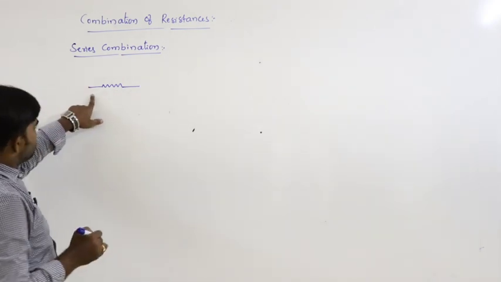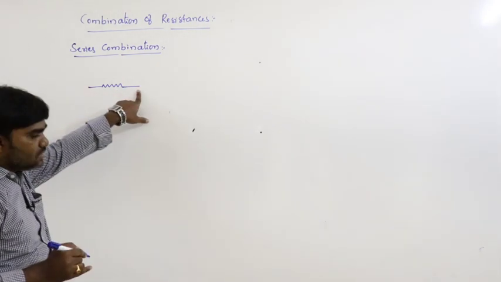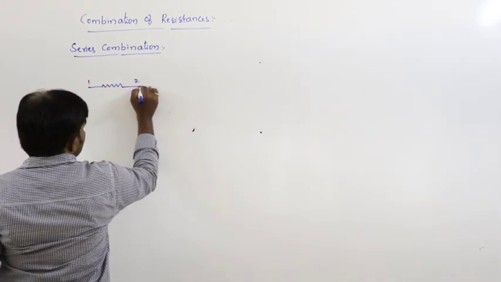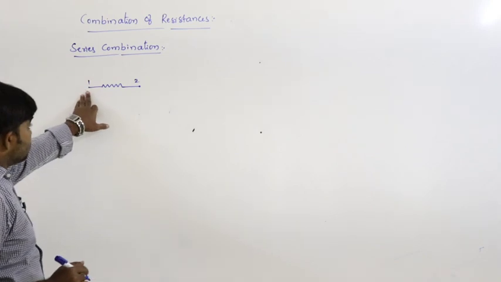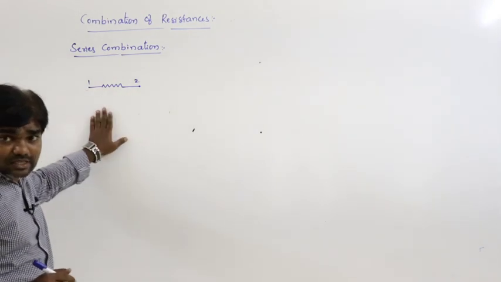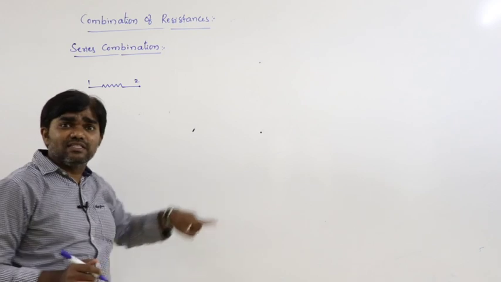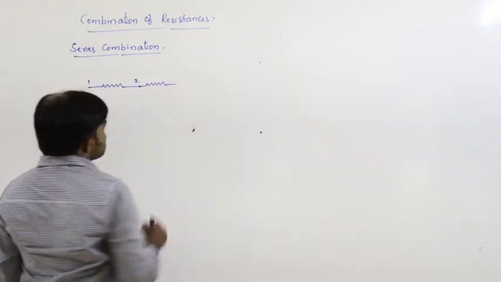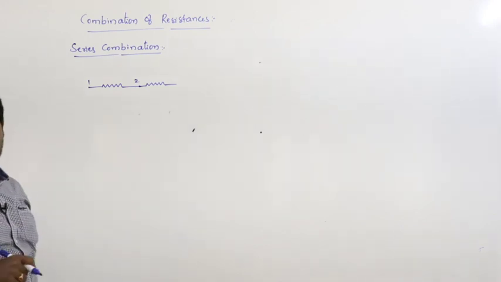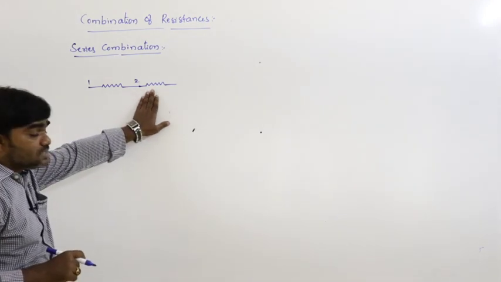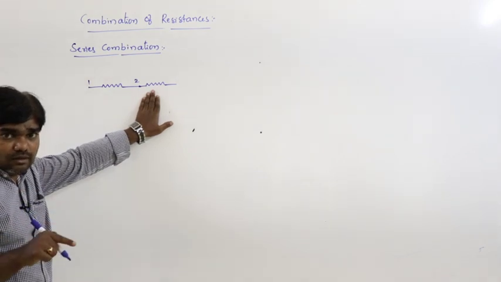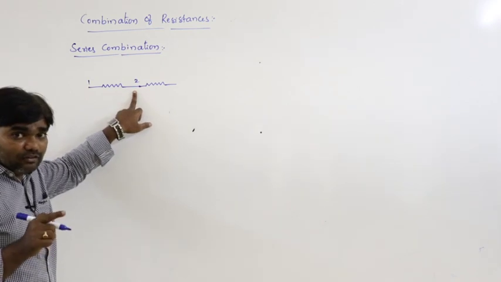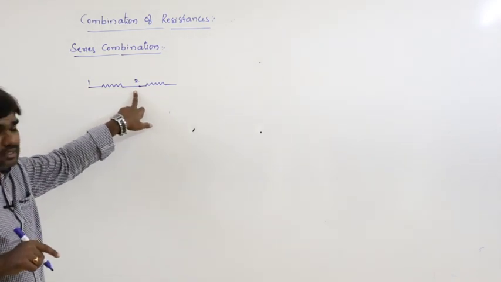let us say this is the first terminal of the first resistor, this is the second terminal, and for the second resistor, first terminal and second terminal. Series combination means the second resistance must start from the second terminal of the first resistance.